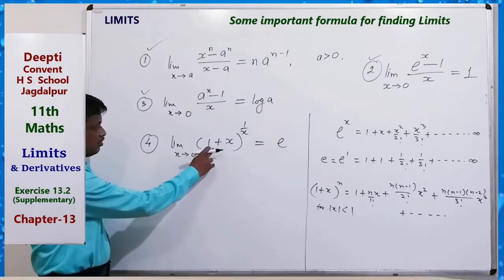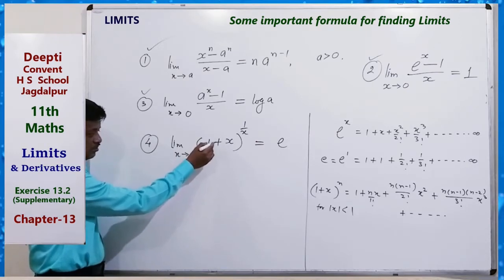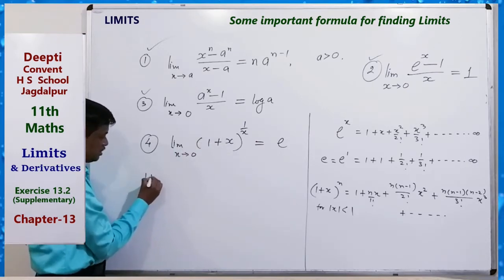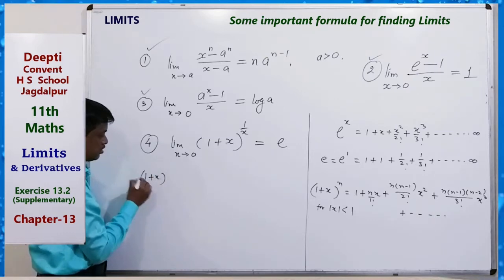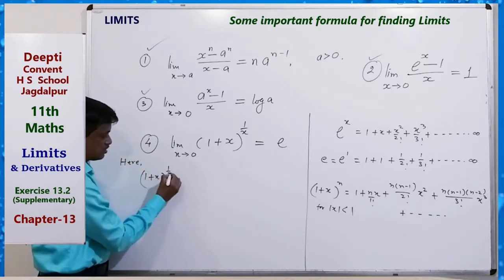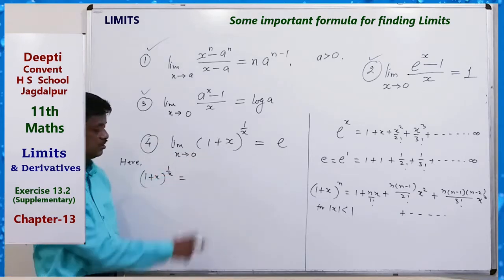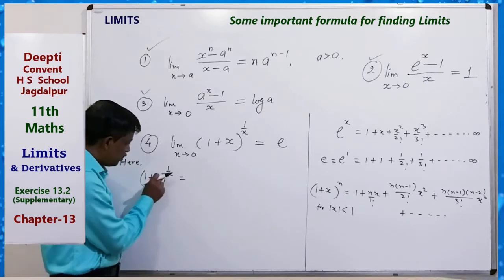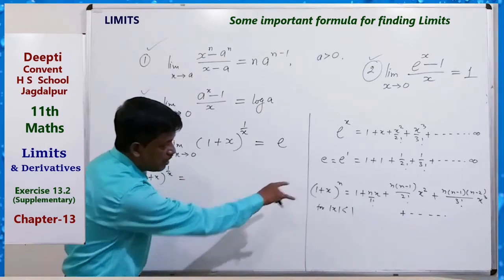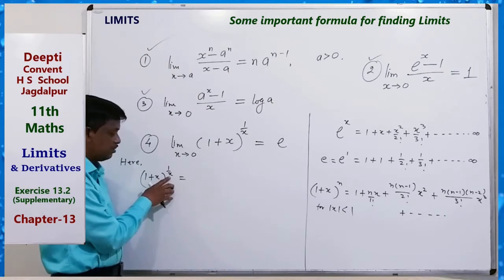How? We see 1 plus x to the power 1 by x, what is its limiting value as x tends to 0? In place of n we put 1 by x.